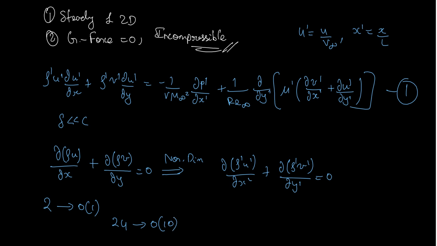Or if I have a very small number, some infinitesimal number, I say it is of order delta. And if something is very small, I'll say it is of order 0. I denote order by a big O, and we'll do this analysis for these two equations to get some insights on our boundary layer equation.